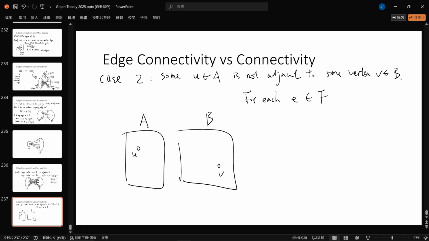We have to check every edge and pick one endpoint. And this time we want to separate u and v. We want to make sure that there's no path between u and v after removing all these endpoints.